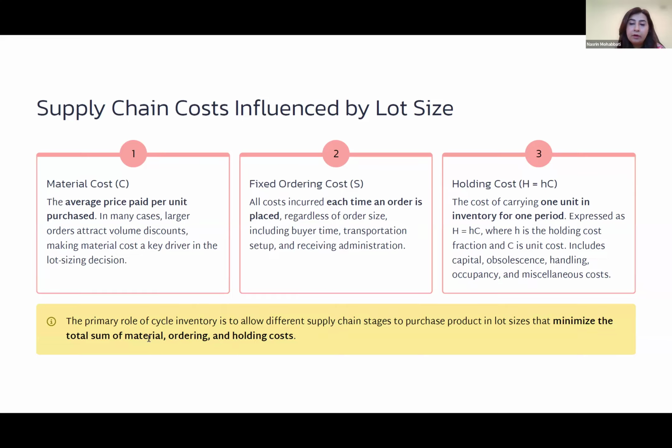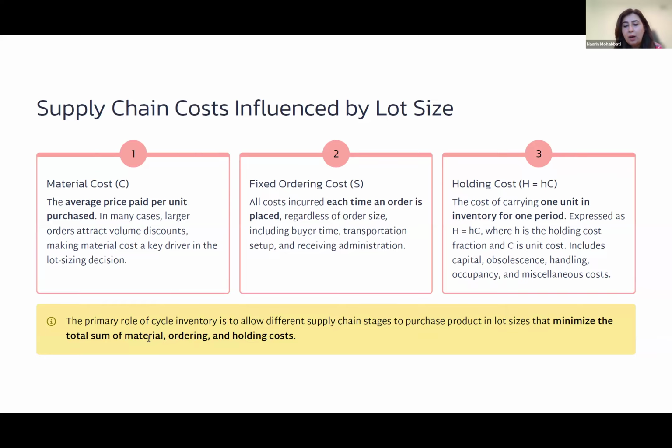If you don't have the warehouse, then working with a third party, again, they will charge you for the space, for the work, for the energy, and all related cost of keeping inventory. And also, there are other costs involved in holding inventory. You are keeping capital unused, sitting in a warehouse.